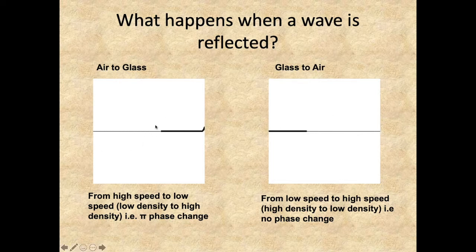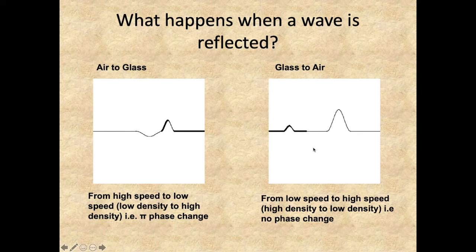Please remember that this reflection acts as a fixed end reflection where it goes through a pi phase change. The part of the pulse that moves on to the next medium continues with a smaller wavelength because it's moving into a heavier medium, but the reflected wave, although it travels at the same speed and wavelength, is inverted.